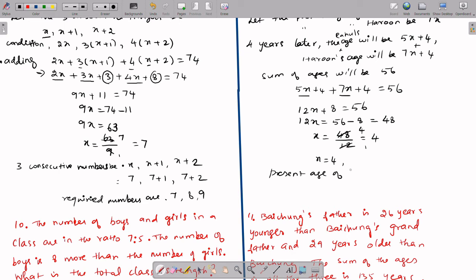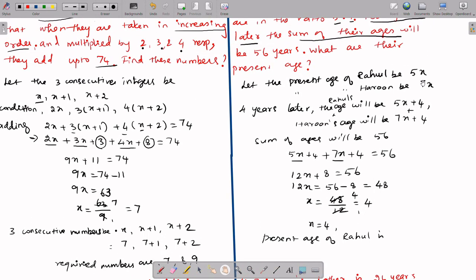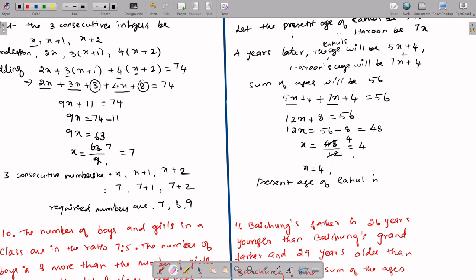The present age of Rahul is 5x, isn't it? And the present age of Varun is 7x. So you have to substitute the values here. Present age of Rahul is 5x, that is equal to 5 into 4, which is 20.